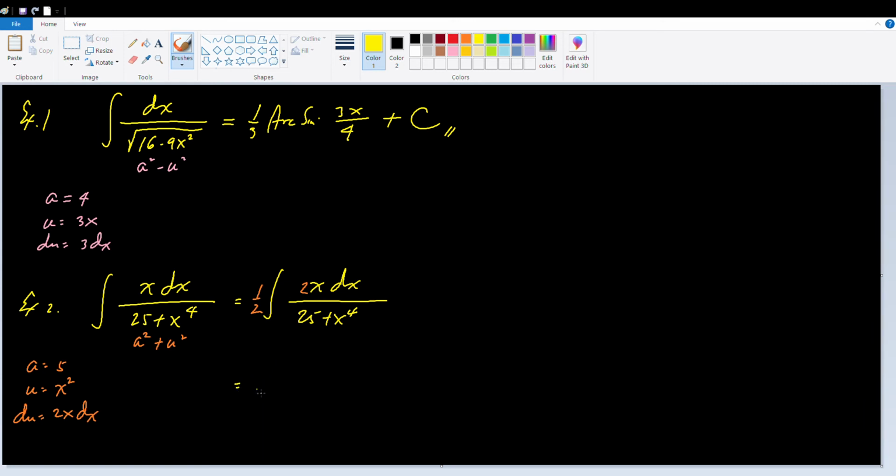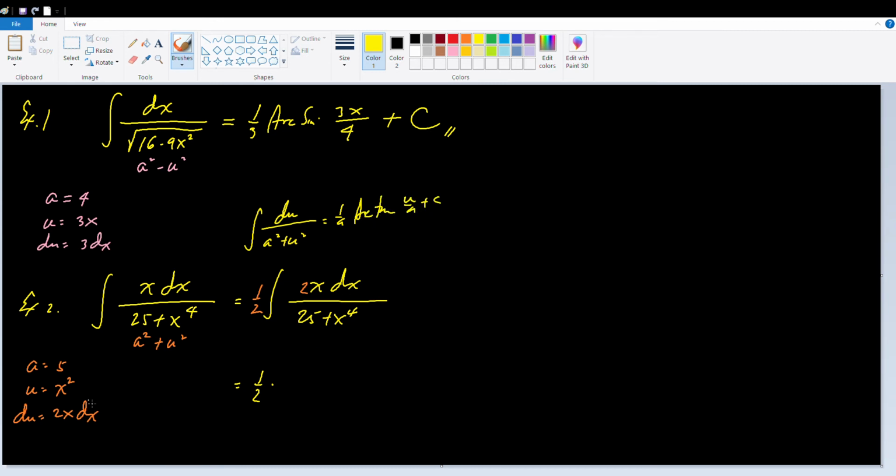Our answer will be 1/2 times the answer to du over a squared plus u squared, which is 1 over a arctangent of u over a plus c.